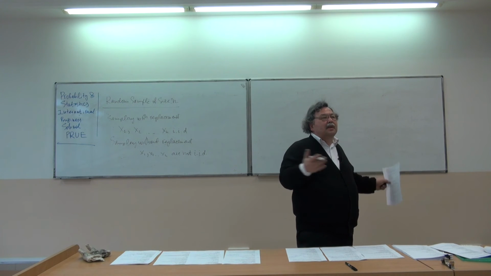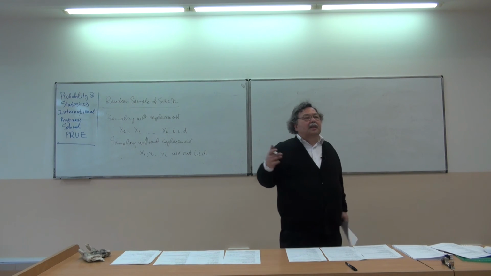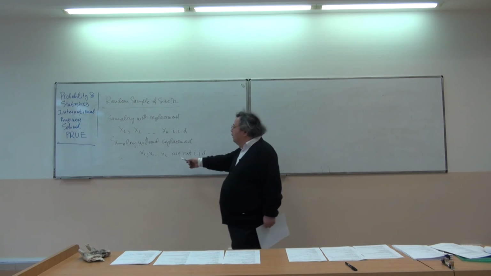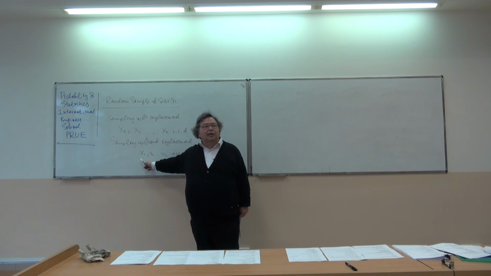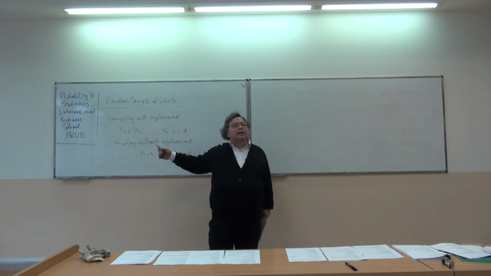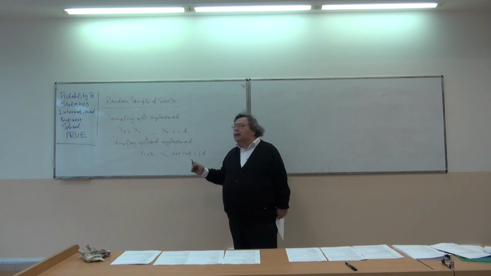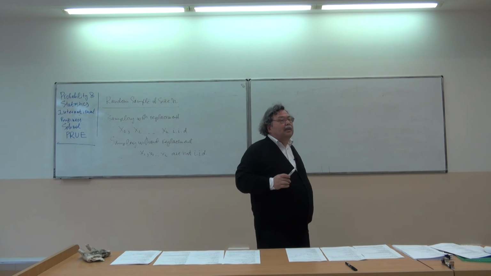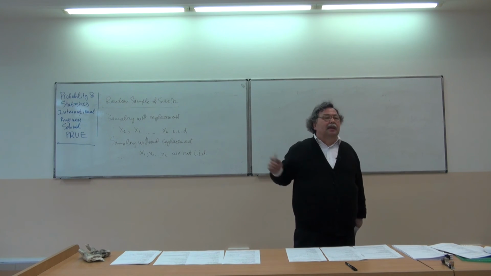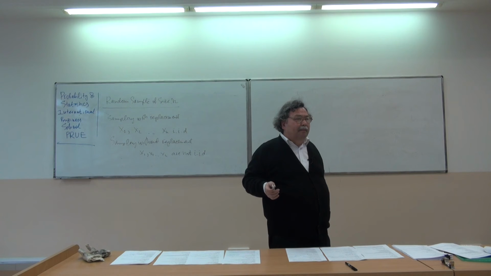One member is excluded from it. So the second choice, the second random variable, will be dependent on the first one, and it will not be distributed in the same way. So, strictly speaking, the theorems about X bar do not apply to this other method of sampling.